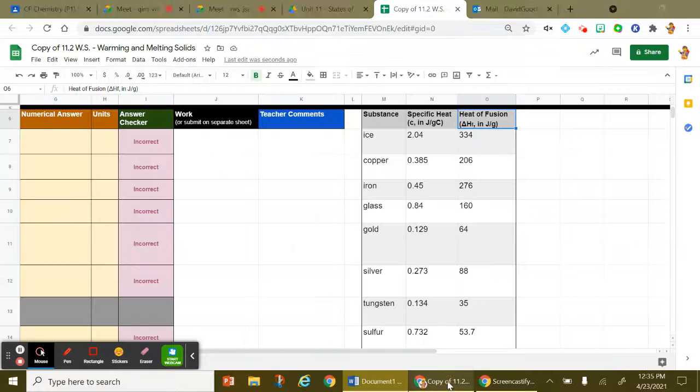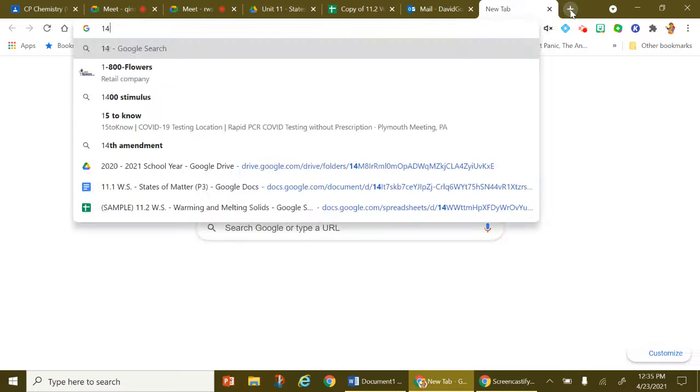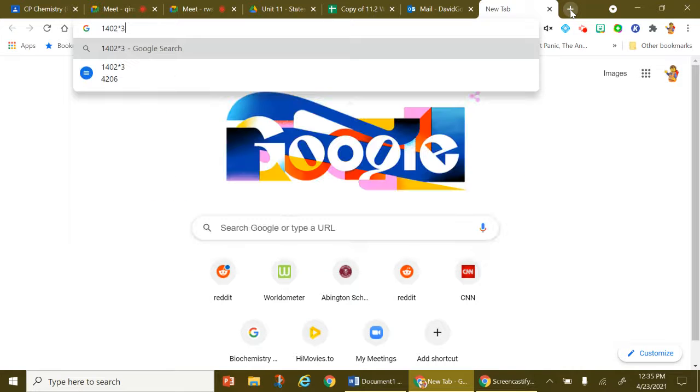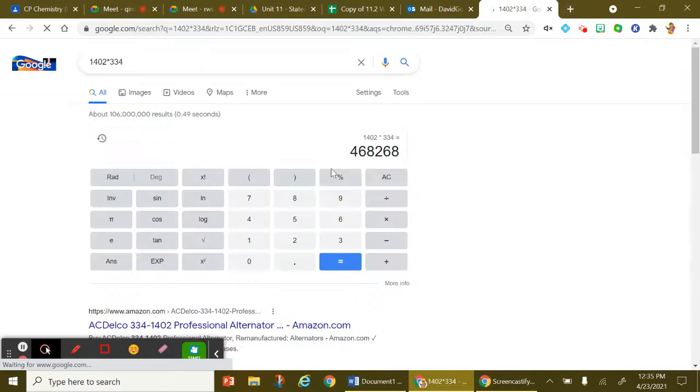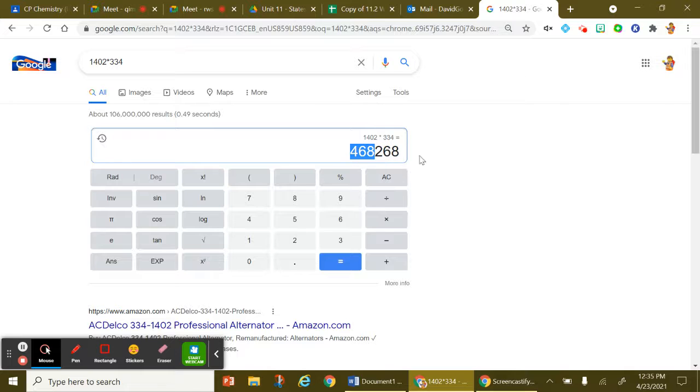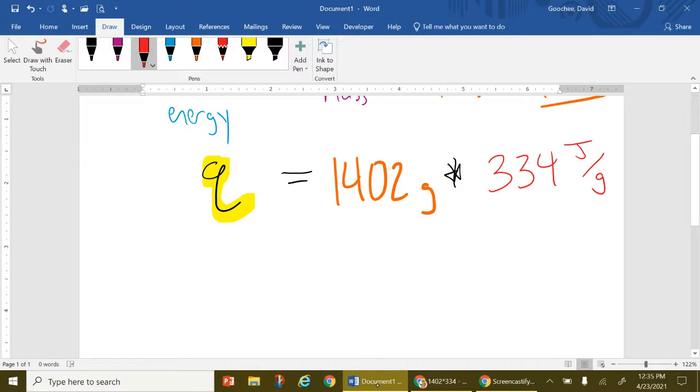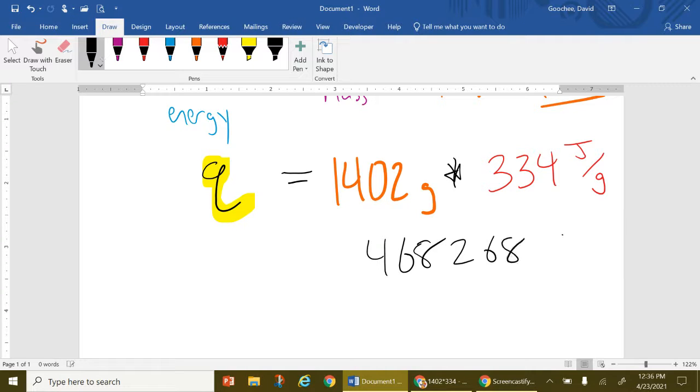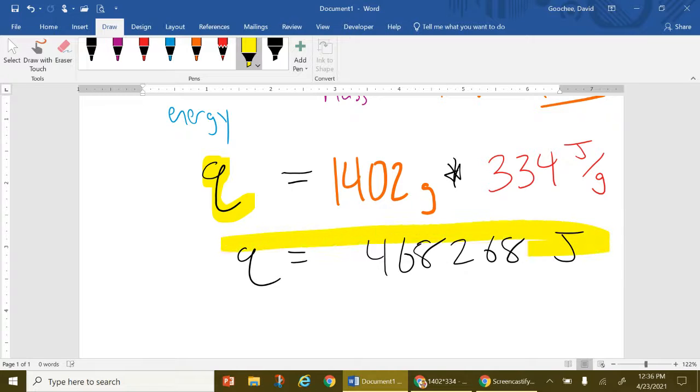So 1,402 times 334. The answer is 468,268 joules. That's how much energy it takes to melt 1,402 grams of ice.